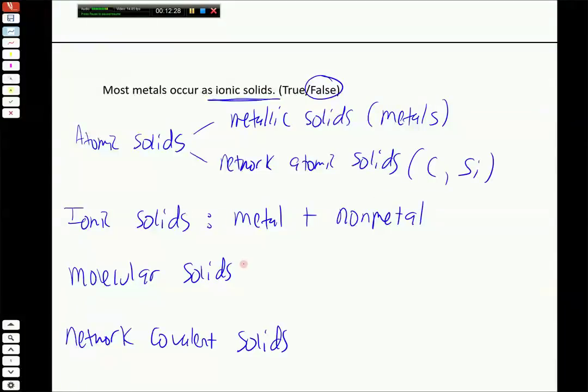And then you have molecular solids, which would be most covalent compounds, or diatomic elements, or I guess I should say more generally, polyatomic elements.